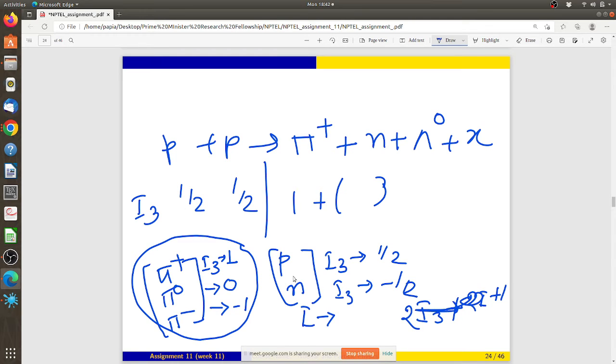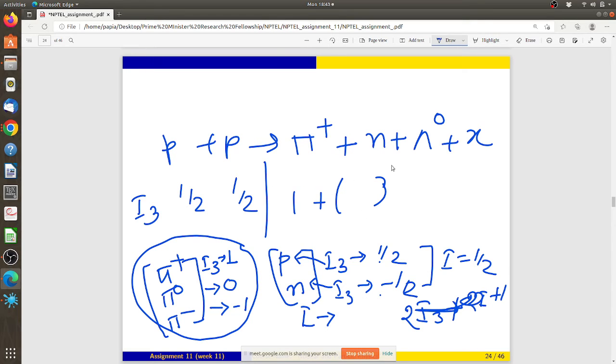Like you see here, P and N as a whole make a family. So as a whole, I value should be half. And obviously, I value should be the same for P and N. But when I take the third component of P and the third component of N, then for P the I3 will be plus half, and I3 for N will be minus half.